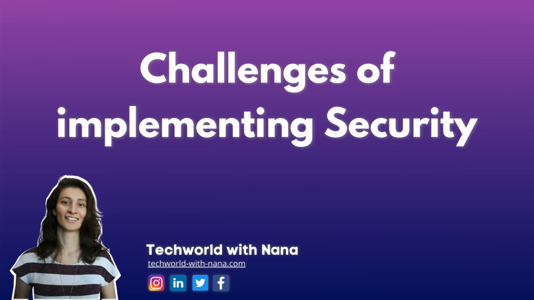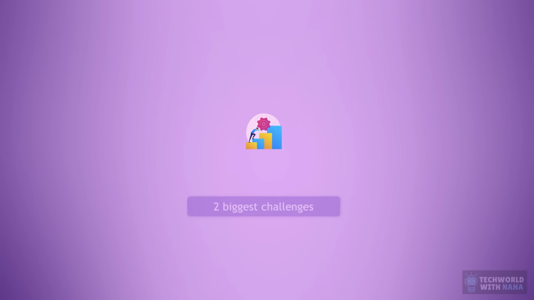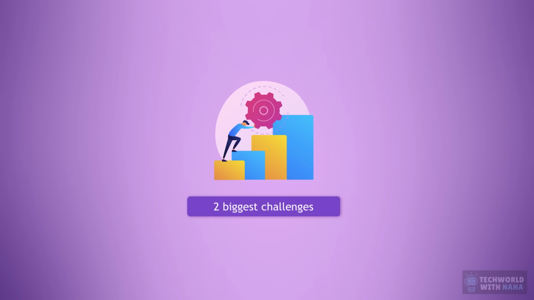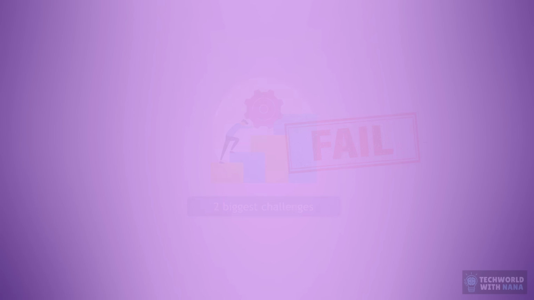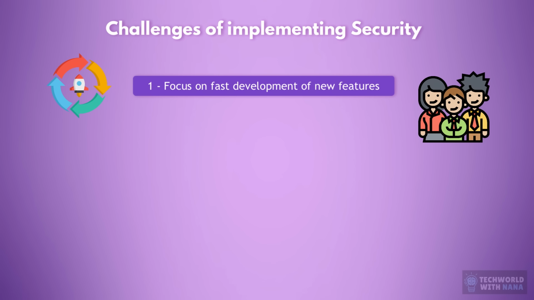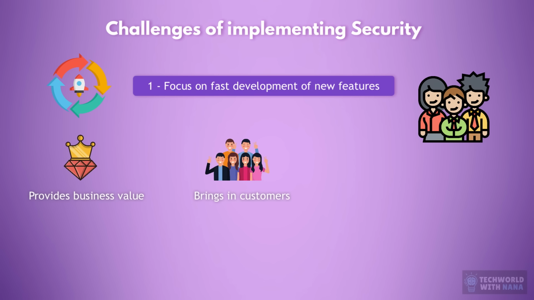However, it is pretty difficult. And there are two biggest challenges companies have in terms of security and what may be the reason why they fail to actually implement it. First of all, often feature development and providing business value is more incentivized because that's what brings in customers. That's what provides the direct value for users.